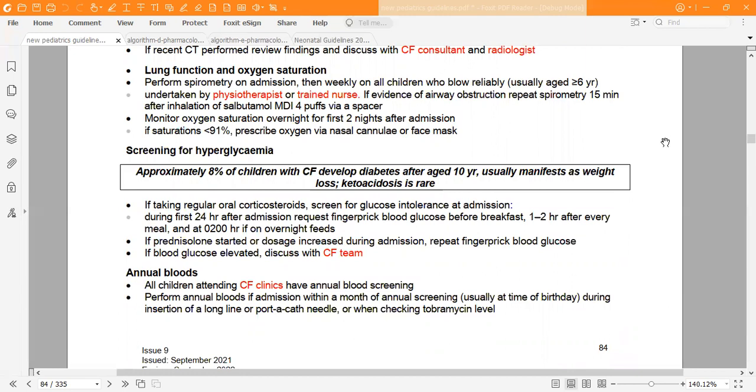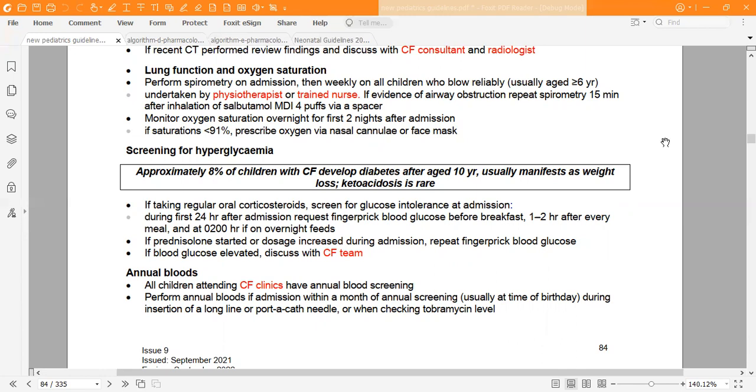Okay. So let's say we have a child diagnosed with CF since he was born and he is now 10 years old. So it is time now to screen him for hyperglycemia, which is diabetes really, CF-related diabetes.